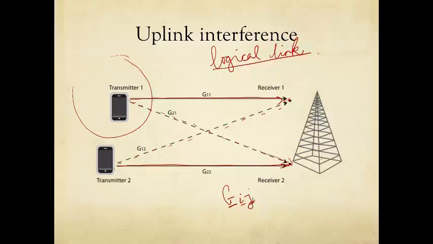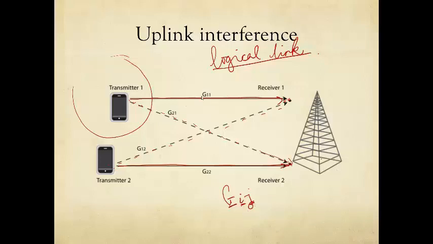Now, this is a little tricky. So we'll go a little slow here. It says Gij represents the channel gain from the transmitter of the logical transceiver pair J to the receiver of logical transceiver pair I. So we're going to use the terms user, transmitter receiver pair, or logical transceiver pair interchangeably.